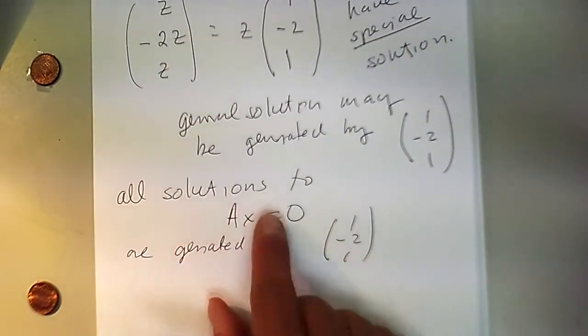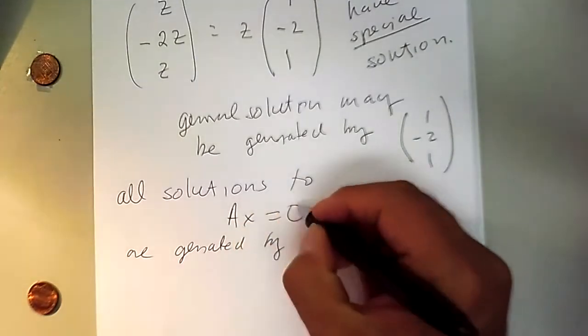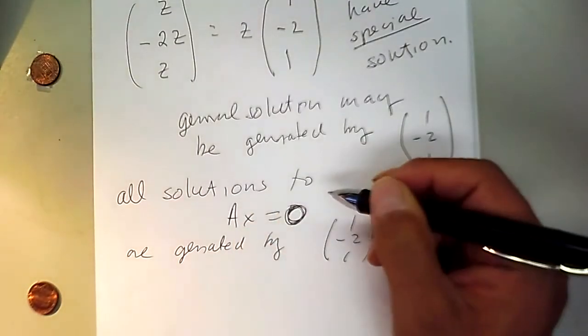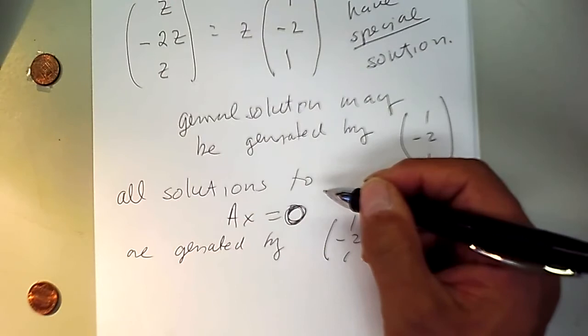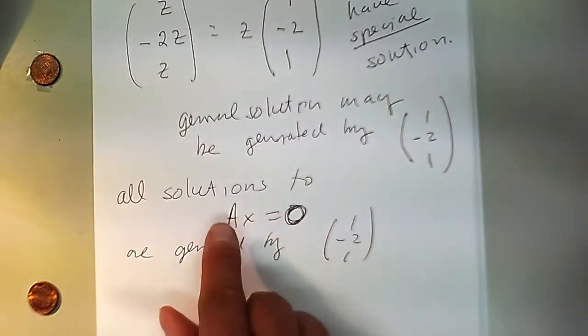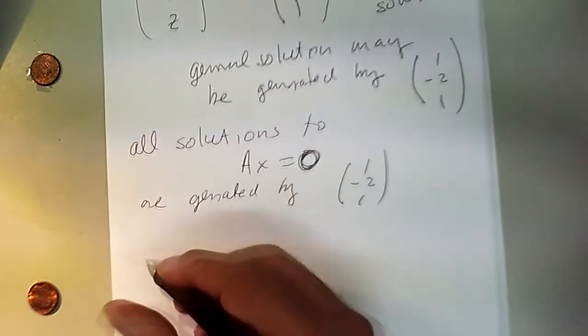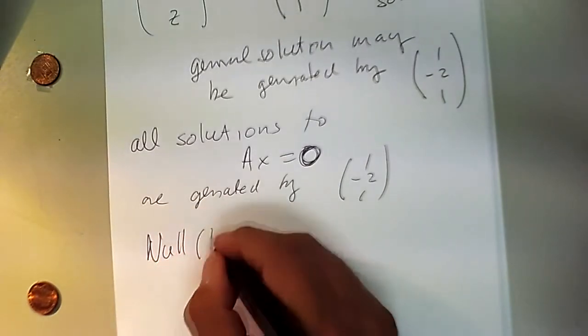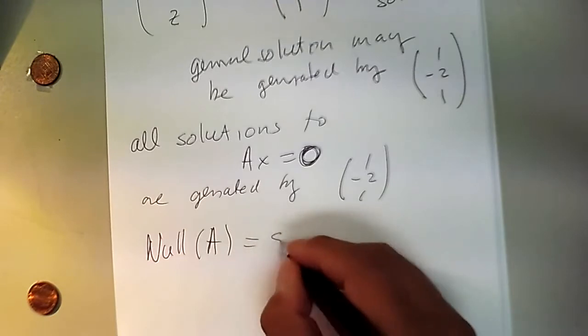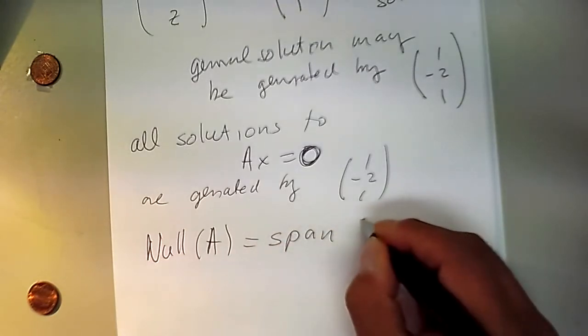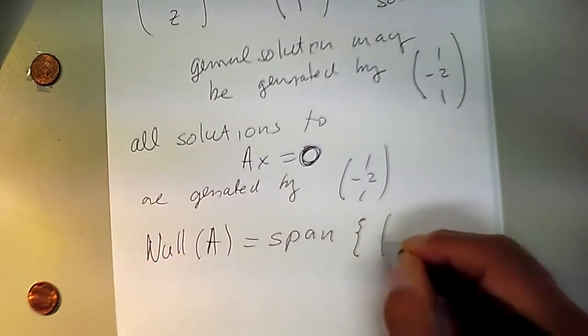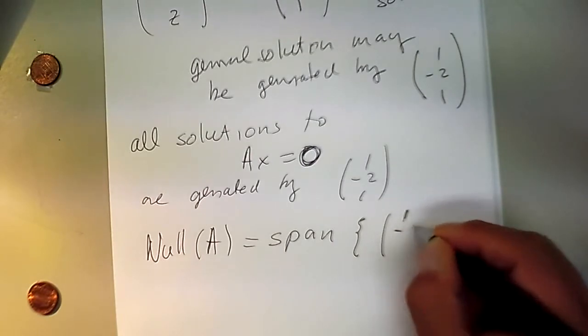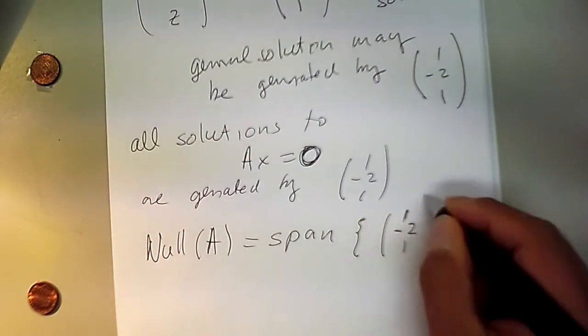By the way, all the solutions to this equation, if we have 0, are called the null space of A. So what we just established is that the null space of A is the span of the set of vectors with a single vector, 1, -2, 1.